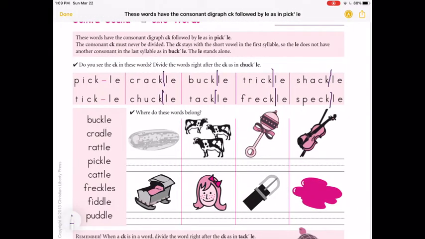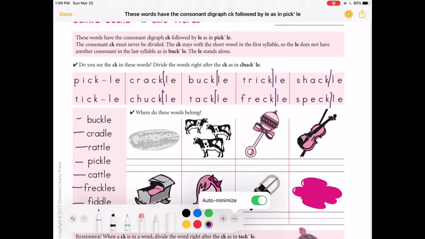Word bank. And we have some pictures that we need to fill in. I'm going to go ahead and read them. We have buckle, cradle, rattle, pickle, cattle, freckles, fiddle, and puddles.